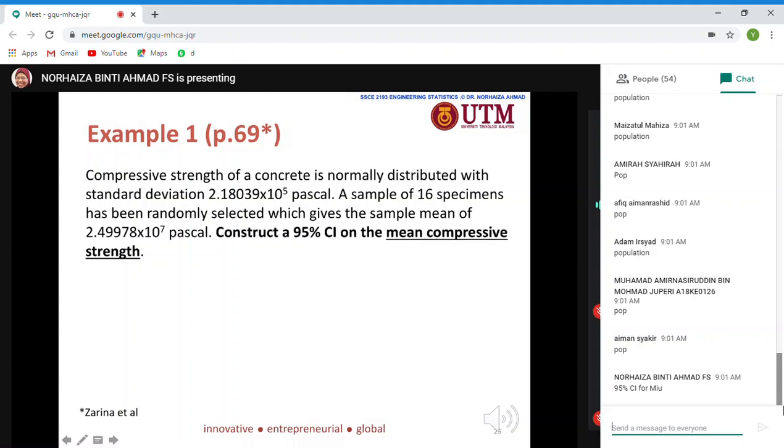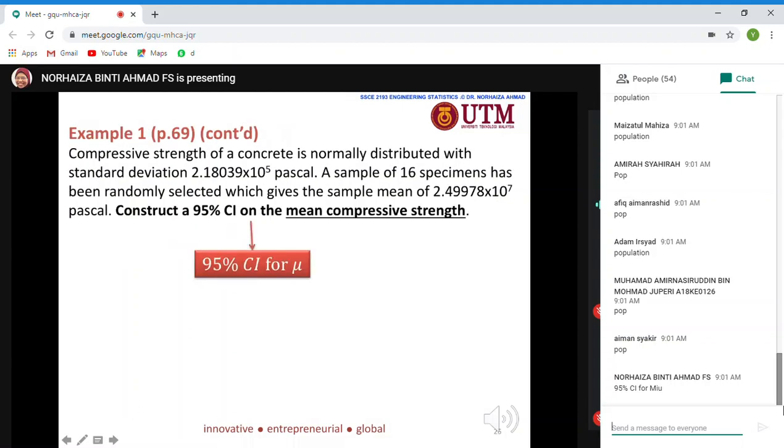The second thing is to extract the information. Here it says the compressive strength is normally distributed with standard deviation 2.18 Pascal.